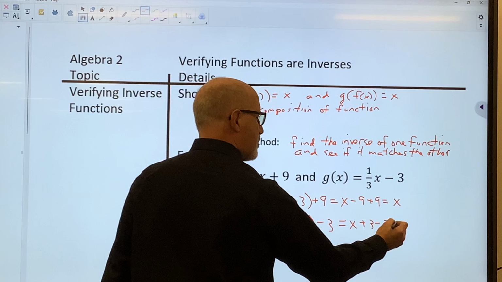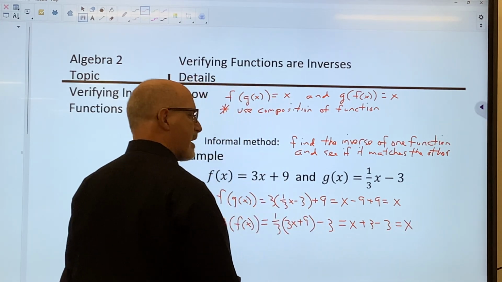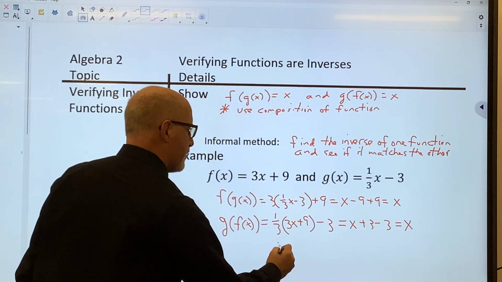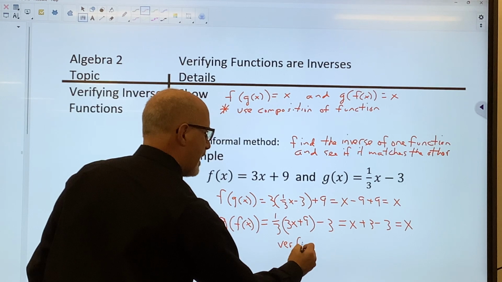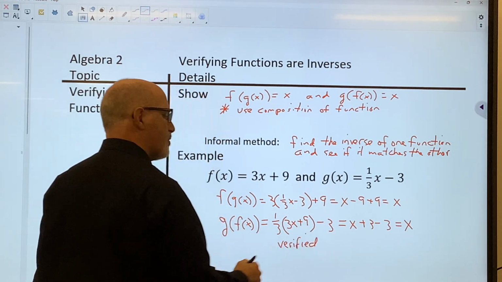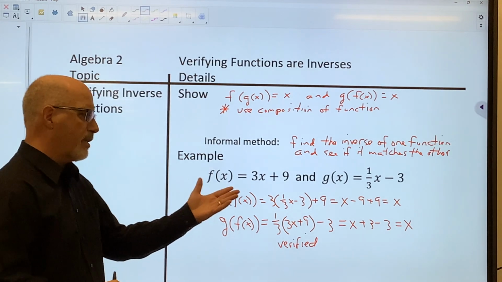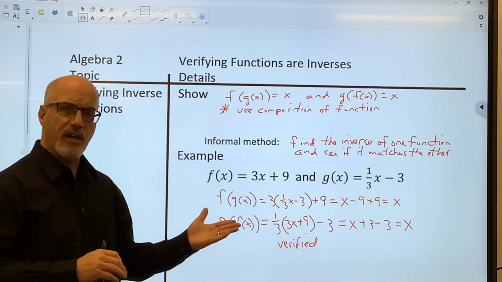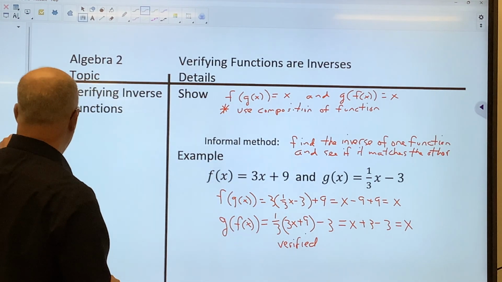The 3 minus 3 get rid of each other, and you just get x. It's verified. Okay, so we have that these two are inverse functions. We know that they are. We verified they are. This is like a mini proof of it.